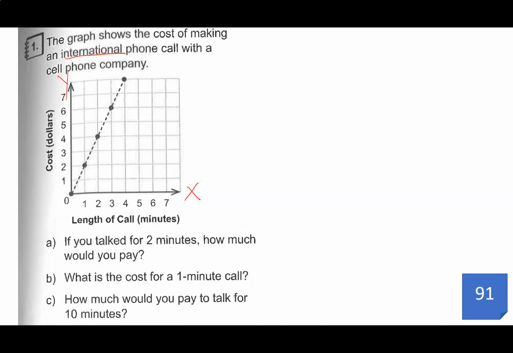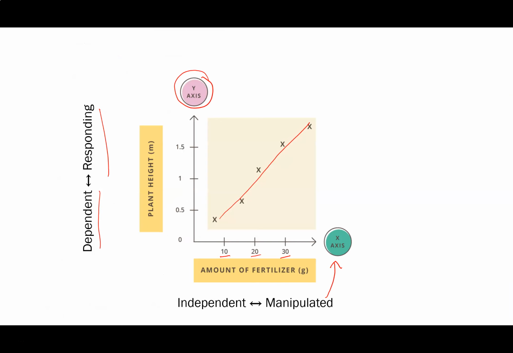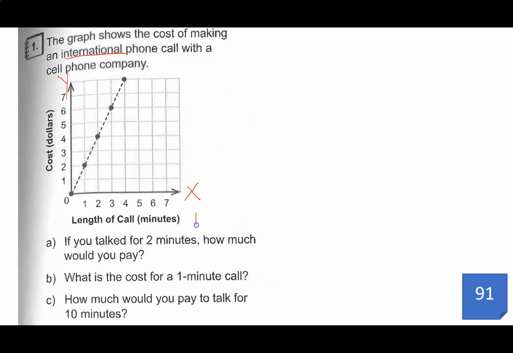So if we remember from the previous slide, the independent, I'm going to put an I, is graphed on the x-axis, and the dependent is graphed on the y-axis. So the cost of the phone call is dependent on the length of the call. Well, that makes sense. You would expect that the longer the phone call, the more it will cost.